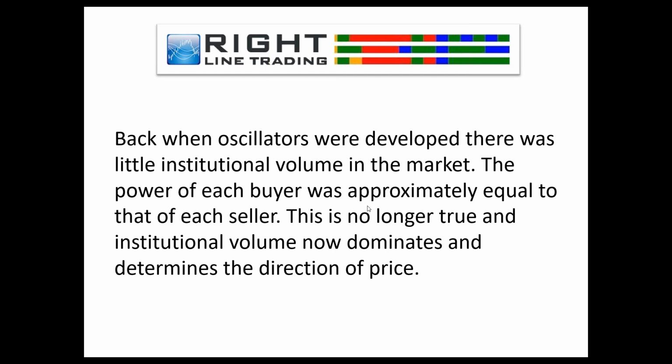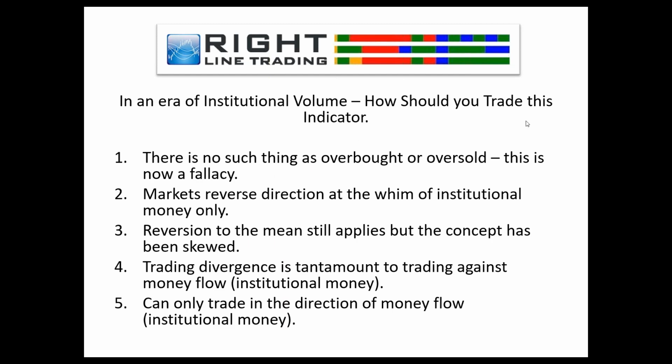So now, in this era of institutional volume, how should you trade the market in general, and how are you going to trade the indicator? And you have to make certain suppositions, and I hope this really changes the way you look at the market. There is no such thing as overbought or oversold.